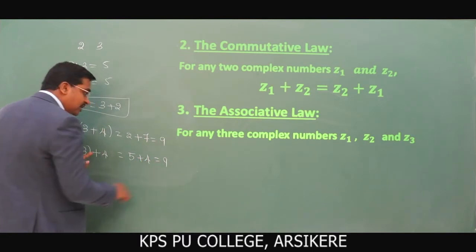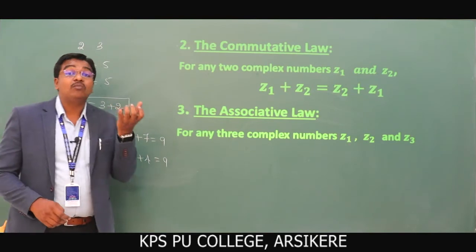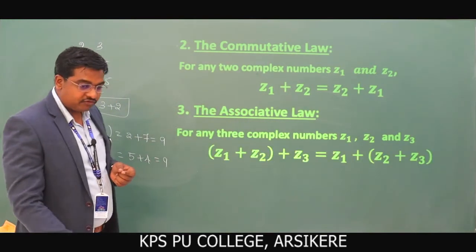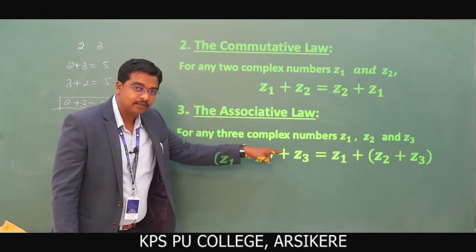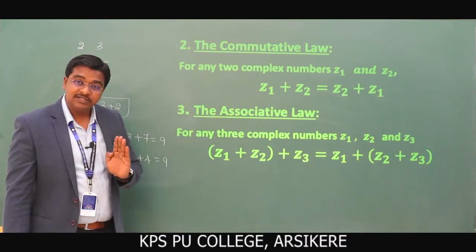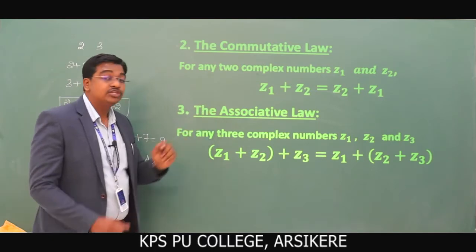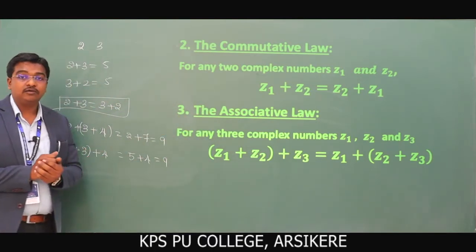Here also we get 9. So these two are equal. Here also, when you take three complex numbers Z1, Z2 and Z3, it follows that Z1 plus Z2 plus Z3 is equal to Z1 plus Z2 plus Z3 with the grouping changed. It means the addition of complex numbers follows associative law. Please note it down, associative law.